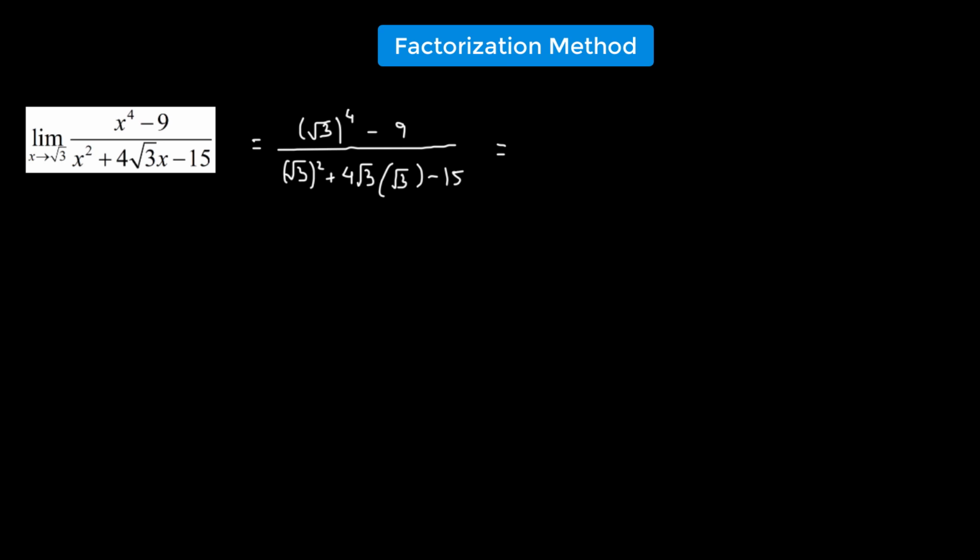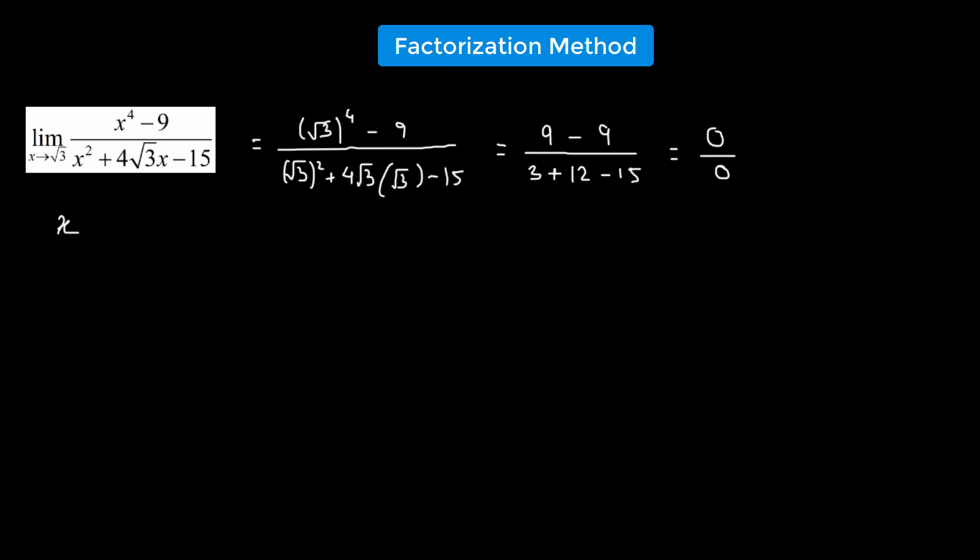So we have square root of 3 multiplied by itself 4 times, so that is simply 9. So we have 9 minus 9 divided by 3 plus, so root 3 times root 3 is going to be 3, so we have 4 times 3, which is 12, minus 15. So that gives us an indeterminate form 0 over 0.